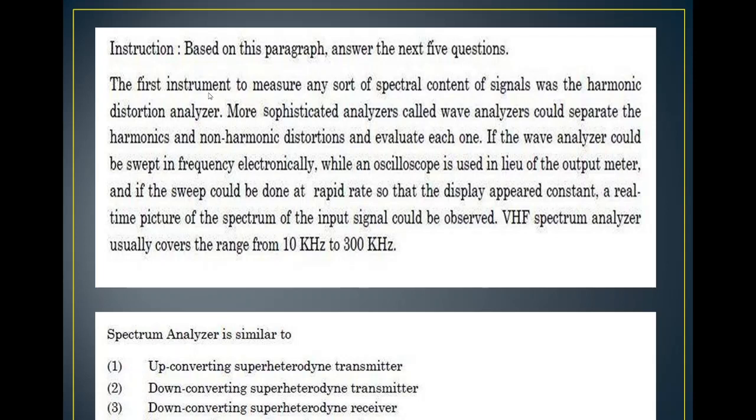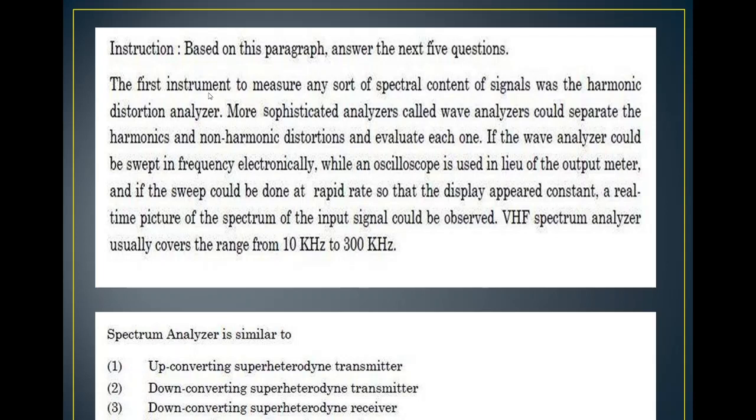Now, see the question. Spectrum analyzer is similar to option first, up converting superheterodyne transmitter. Option second, down converting superheterodyne transmitter. Option third, down converting superheterodyne receiver. And option fourth, up converting superheterodyne receiver.